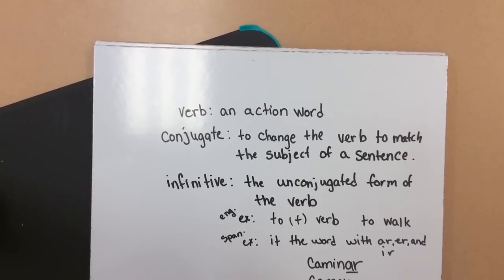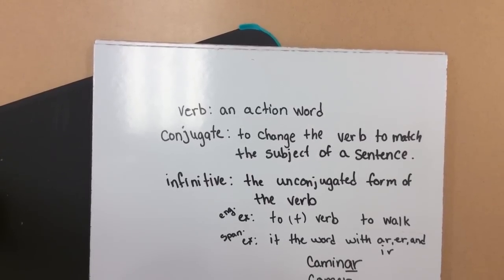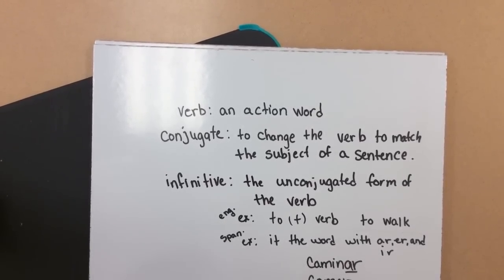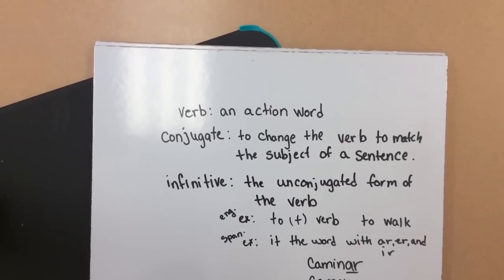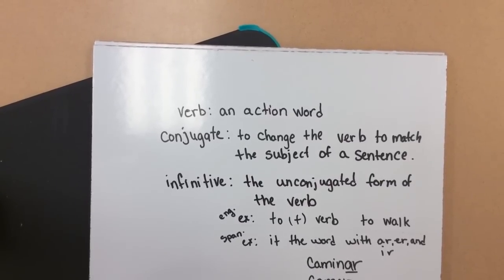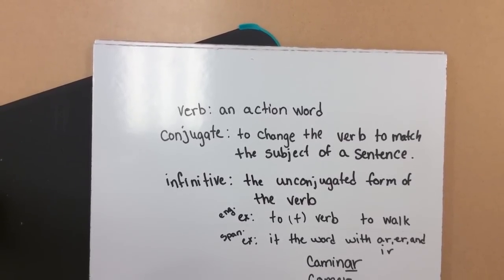Okay? The verb has two parts. It has a stem and an ending. A stem is the beginning of the verb without the AR, ER, or IR endings.